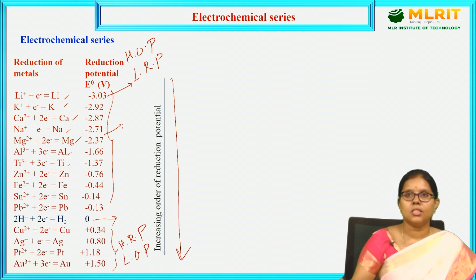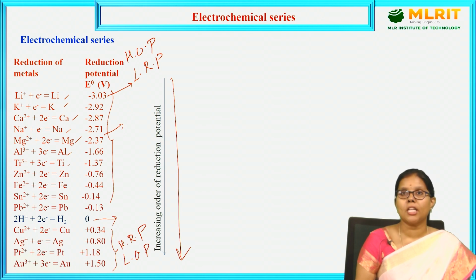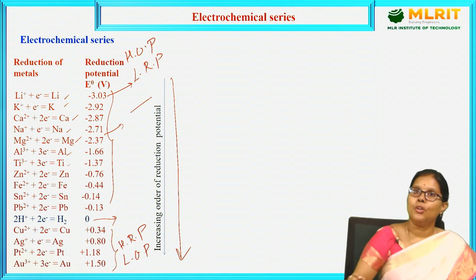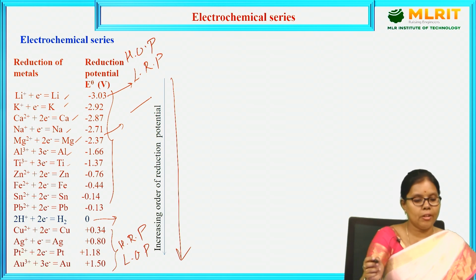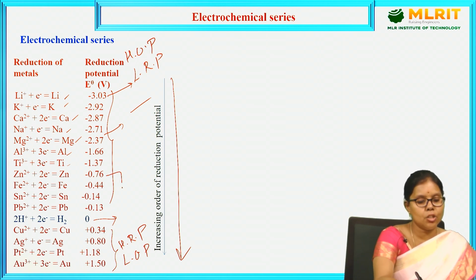All these metals, when a metal rod is dipped in its own metal ion solution at standard conditions, their reduction potentials are noted. In the previous example, we have taken zinc and copper.